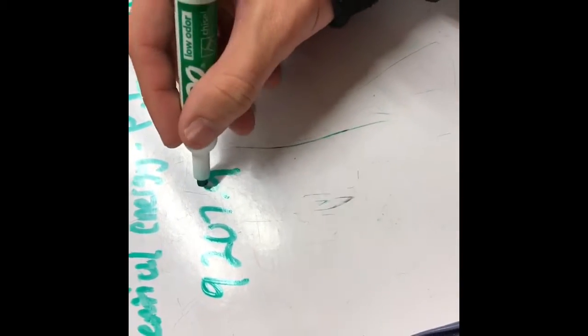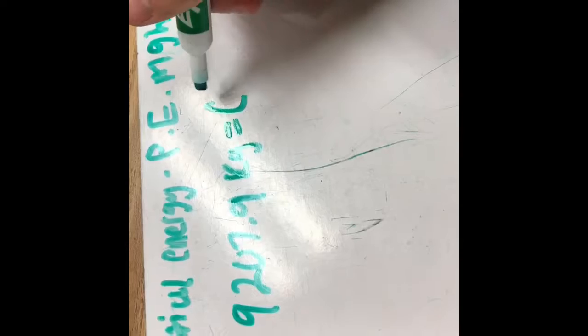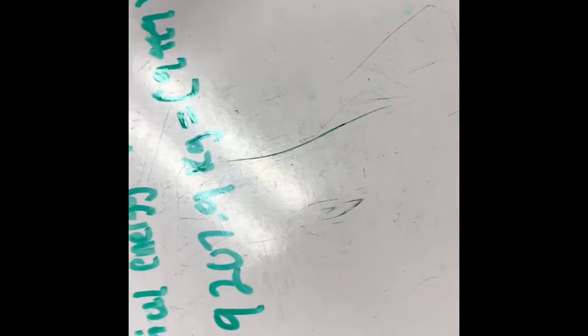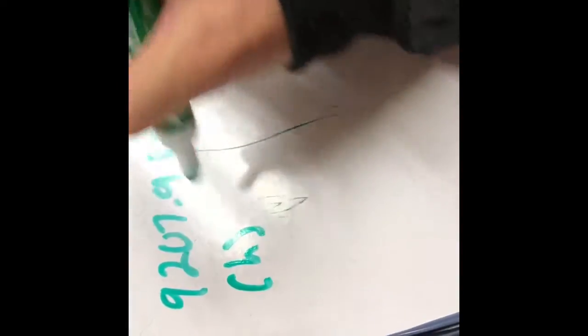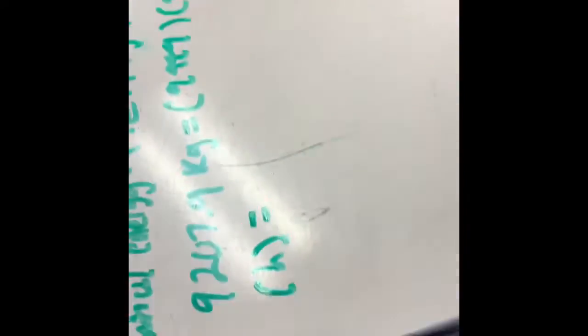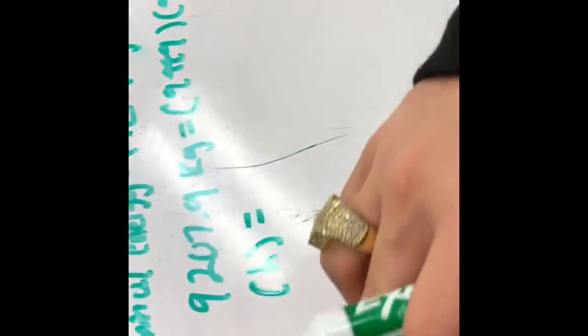For the F-16 fighter, the potential energy is 9,449 meters. And the mass for the F-16 fighter is 9,207.9 kilograms.